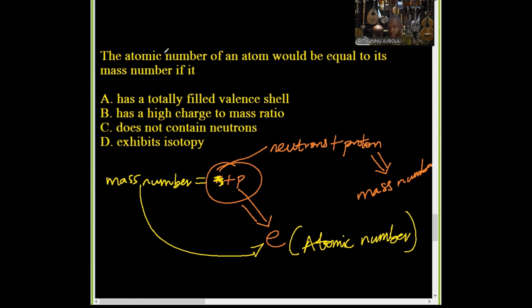Under which condition will the atomic number equal the mass number? When there is no neutron, we can replace E with P, which is the atomic number, and it equals the mass number. So the answer is C. Is that clear?